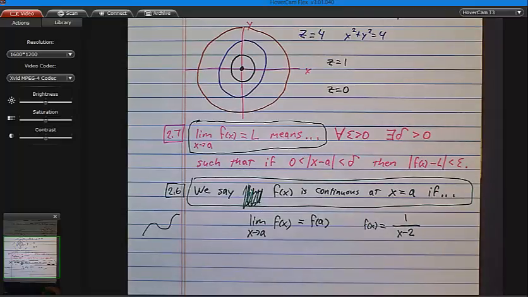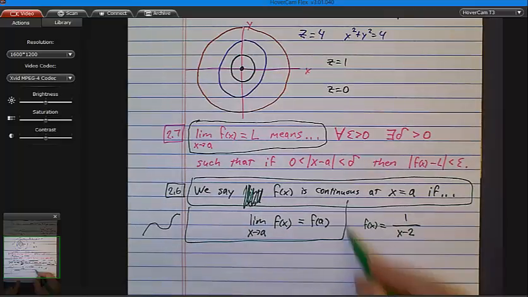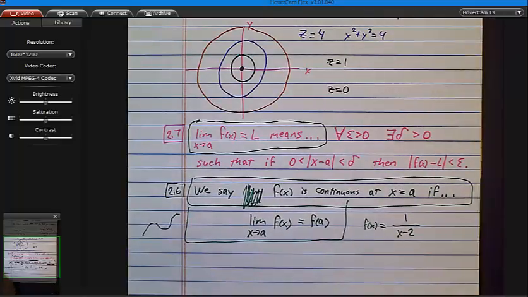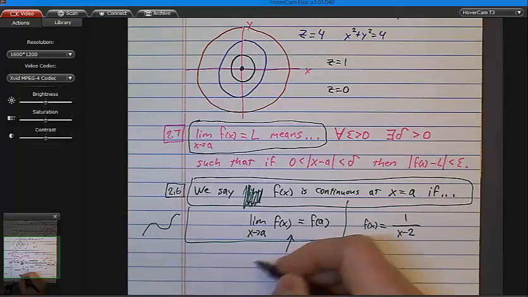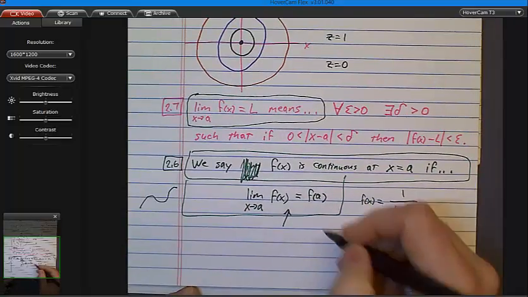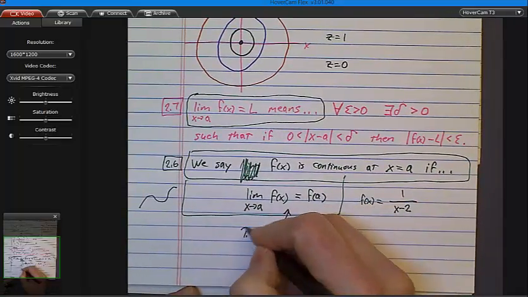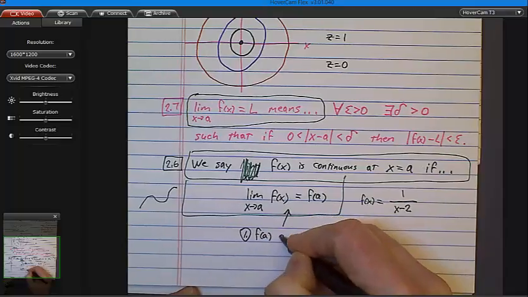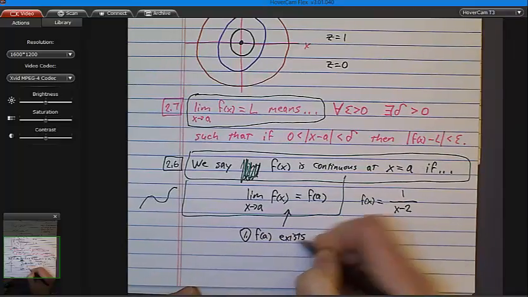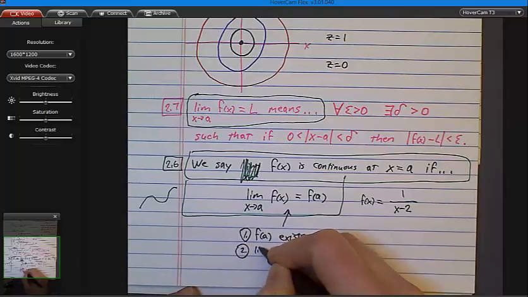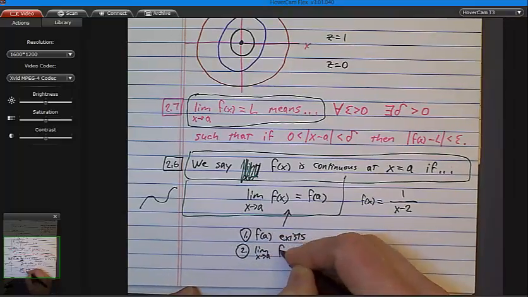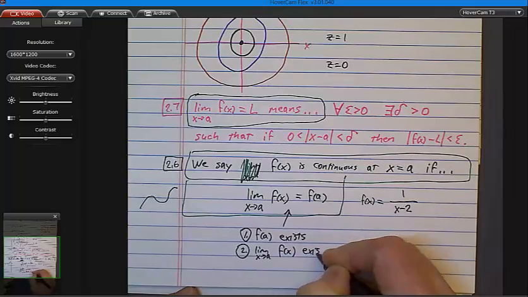So you should really understand when we write this definition, right? Here's the definition. But really, there are 3 statements in one here. What are the 3 statements? First of all, f of a has to exist. Second of all, the limit as x approaches a of f of x has to exist.